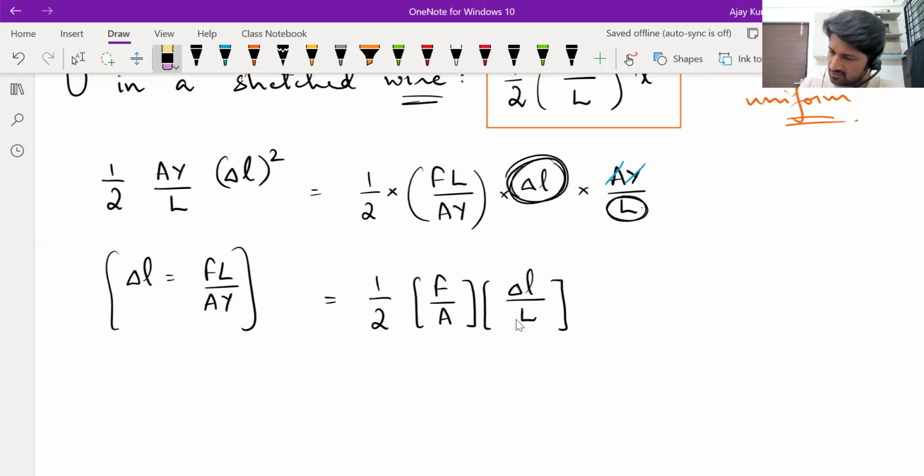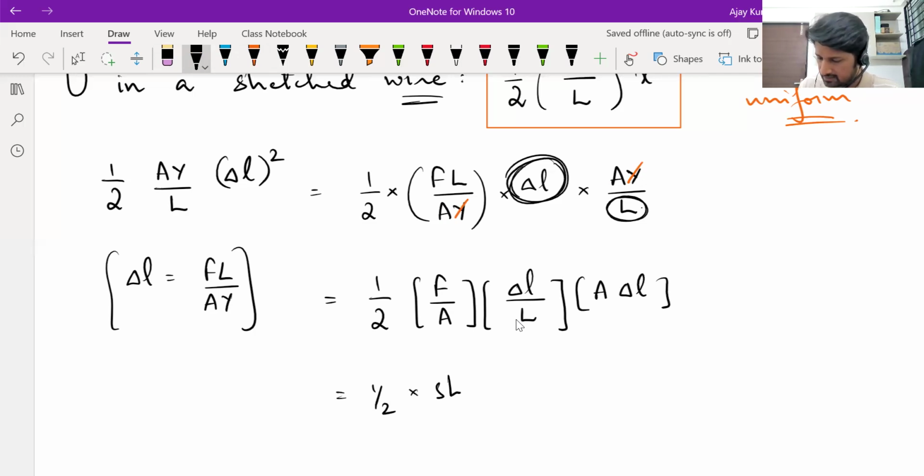We have used it in stress already. So Young's modulus is the only thing which can be cancelled. So half F by A, delta L by L, and you will be left with A delta L in the numerator. So this becomes half F by A is stress, the uniform stress. Delta L by L is the strain.